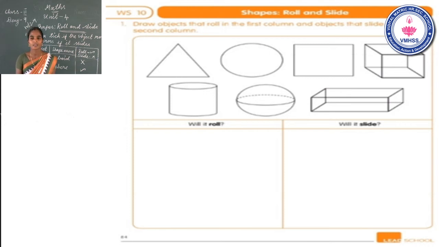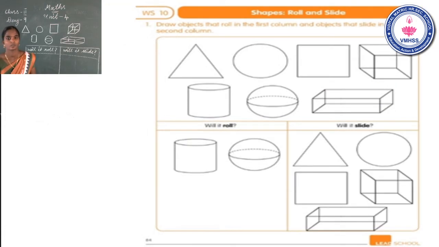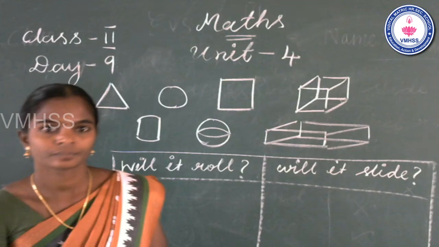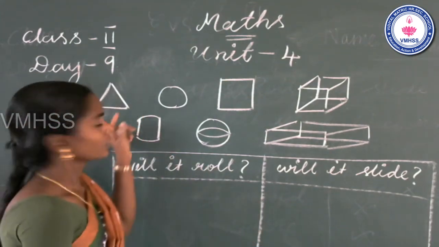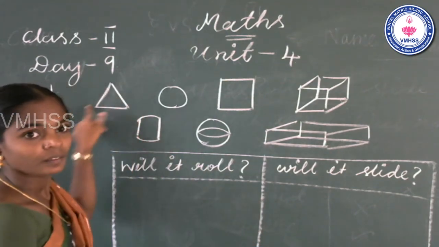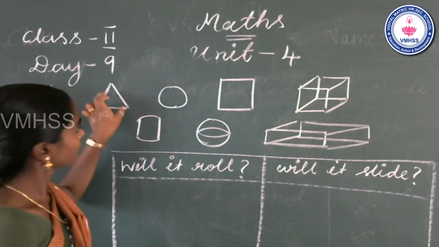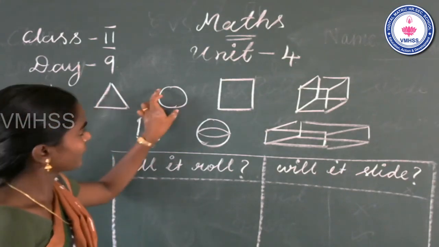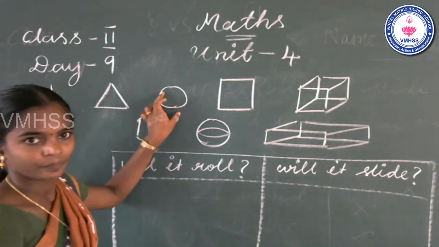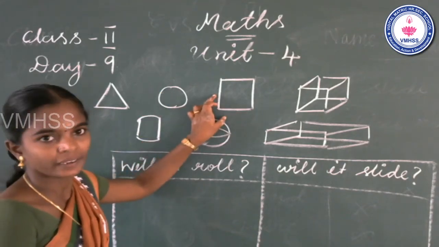Students, look at the board, all of you. What is the shape? Triangle. Next one, circle. Next one, square.